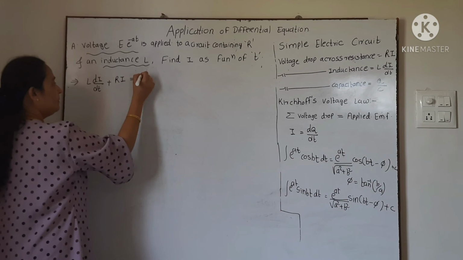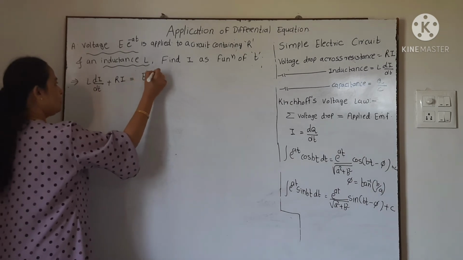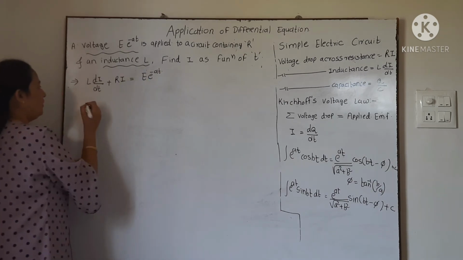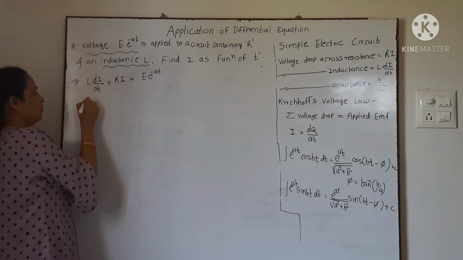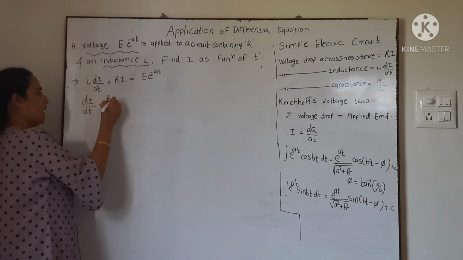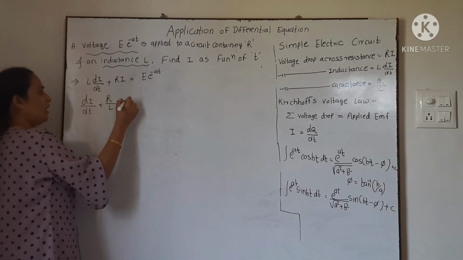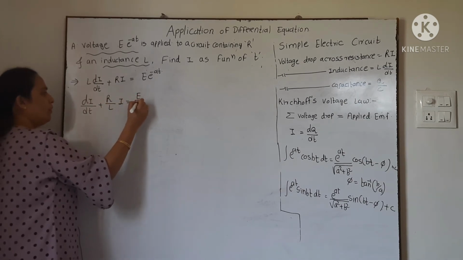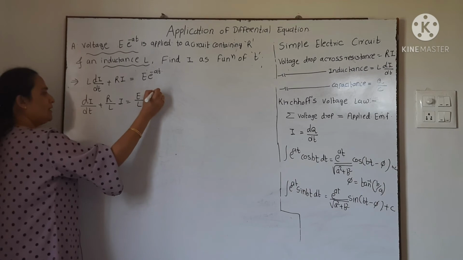What is applied EMF? It is capital E e raised to minus AT. If I divide throughout by L, you will get di by dt plus R upon L into I equal to E upon L e raised to minus AT.